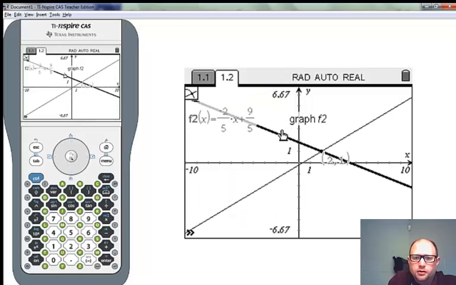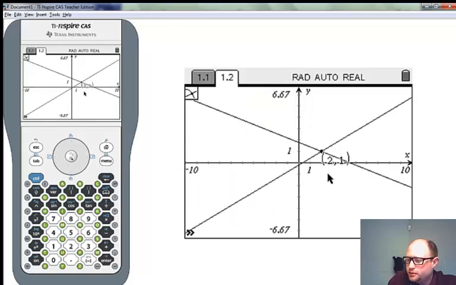Click on one, click on the other, and bang, there's your answer. 2, 1, which is what we got before by doing it with the elimination method. So again, this has been a test using Camtasia, using my document camera, using the PowerPoint, and using the TI-Nspire graphing calculator. So let's see how it works out.